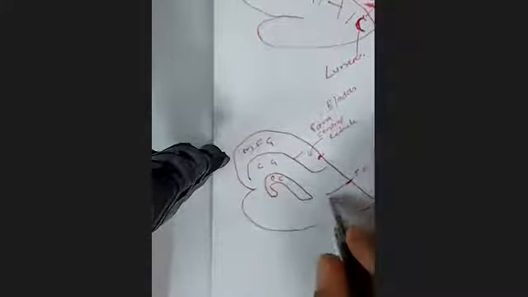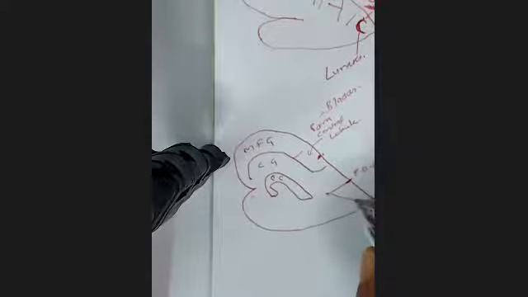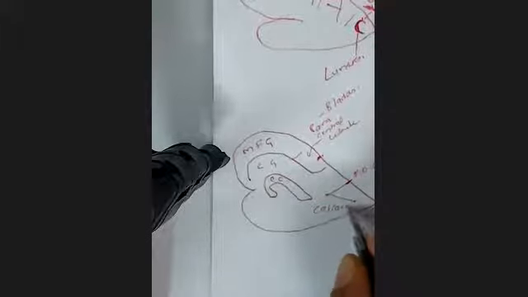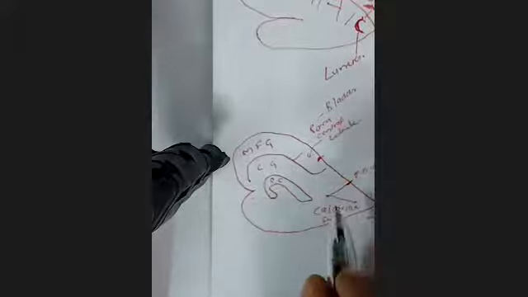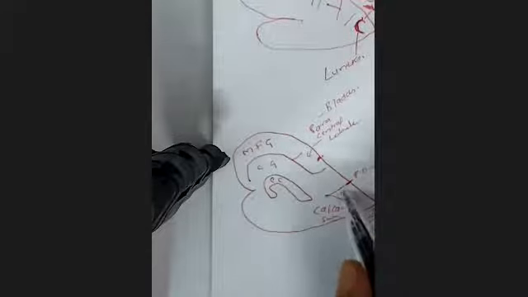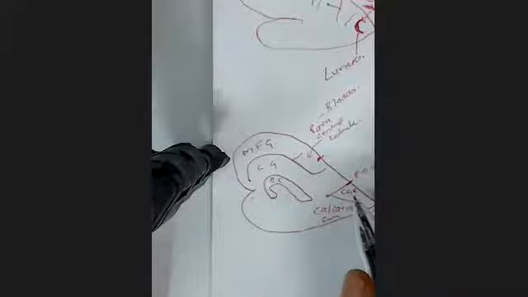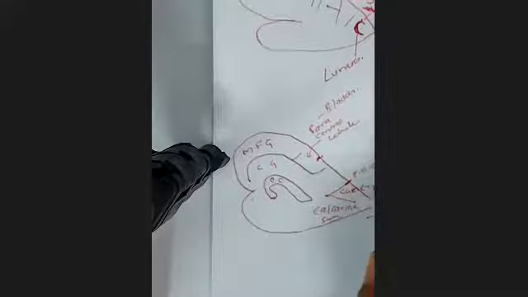And another sulcus called calcarine sulcus. Between the parieto-occipital sulcus and calcarine sulcus is a part which is called cuneus.